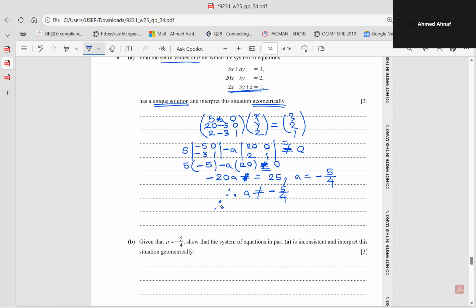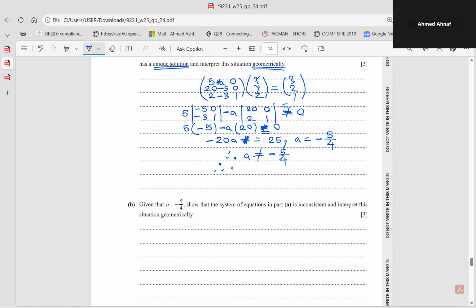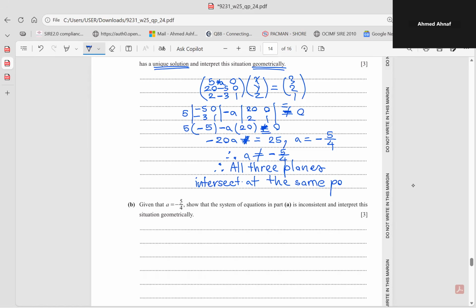And now to interpret this geometrically, if this system of equations has a unique solution, there's only one possibility: that all 3 planes intersect at the same unique point.